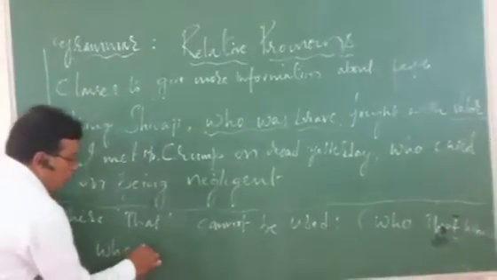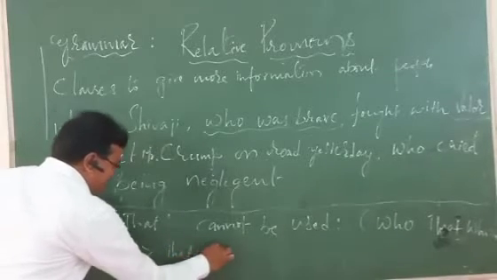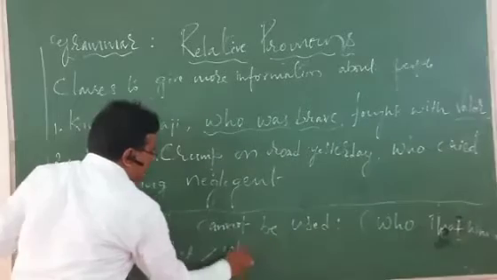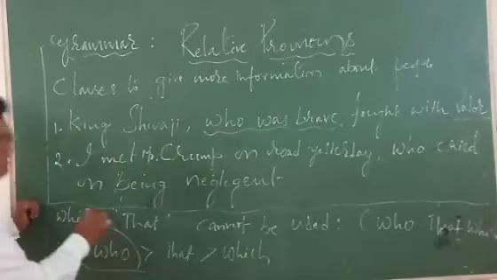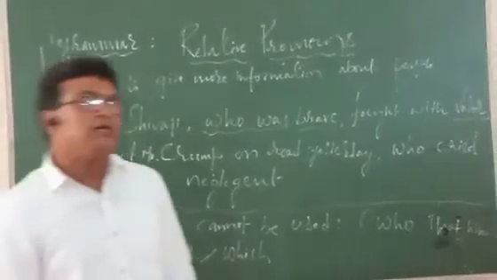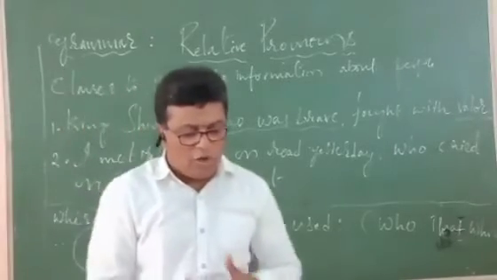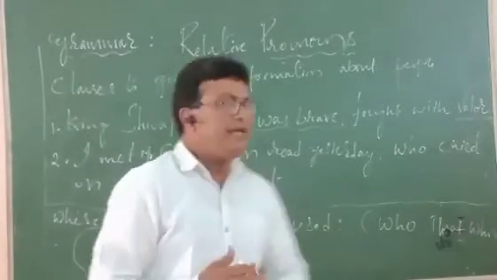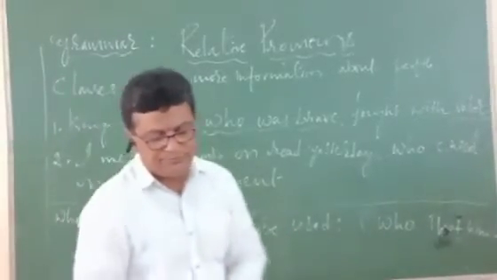Who is more formal than that, and that is more formal than which. Therefore, in most formal letters, we are supposed to use who, but not that. Now, in the sentence that I told, Lord Thompson, who is 76, has just retired.